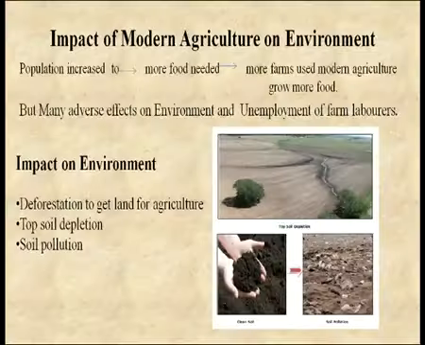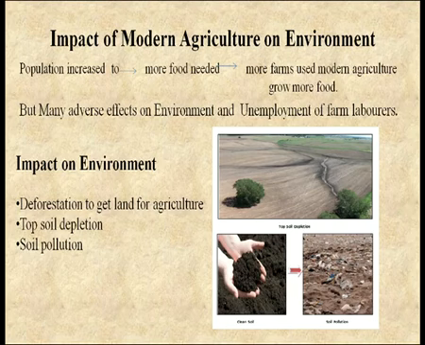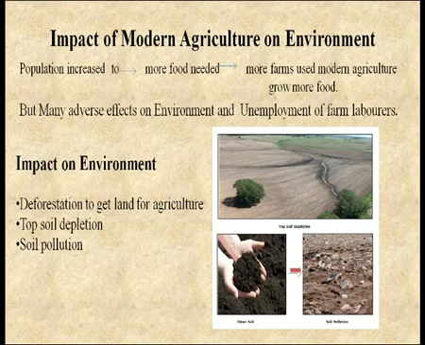Now come to the impact of modern agriculture on environment. Population increased, more food was needed, more farms were used, agriculture grew more food, but there were many adverse effects on environment and unemployment of farm laborers.